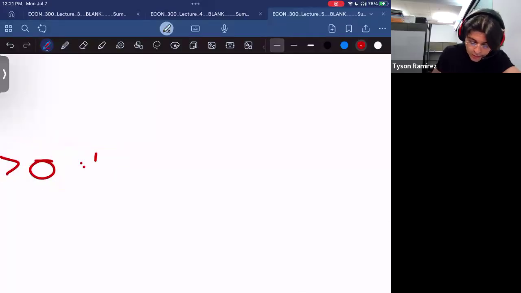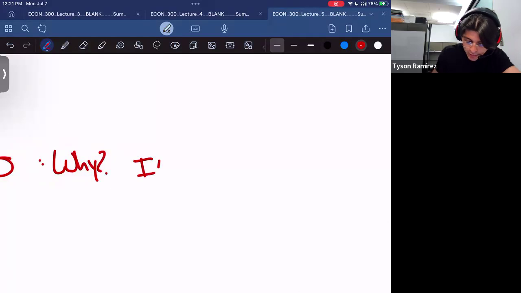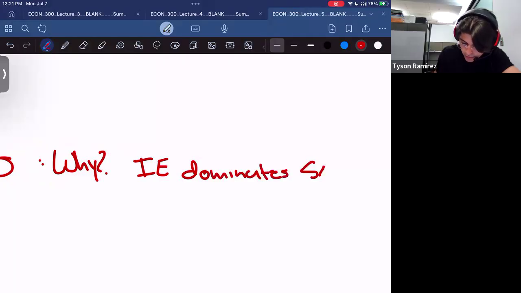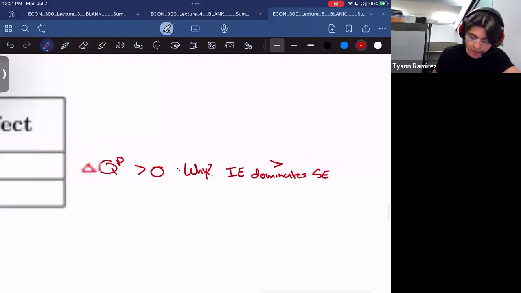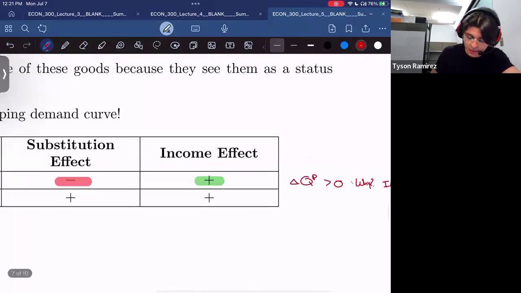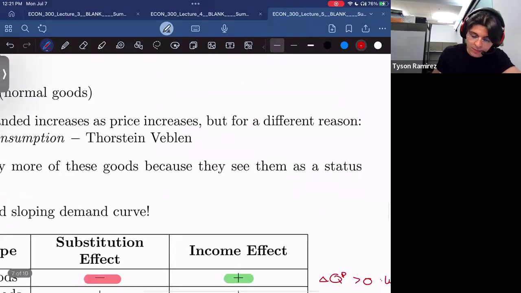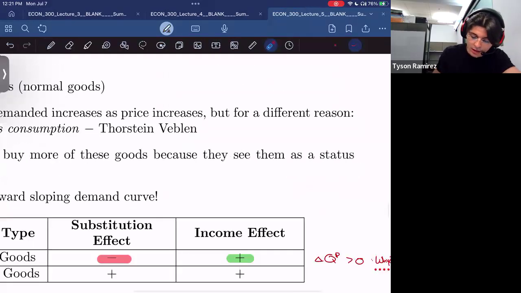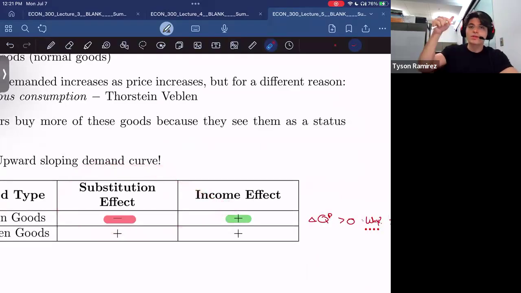Why? Because here, the income effect dominates the substitution effect. And by that, I mean it's greater in magnitude. Although we had the substitution effect that was decreasing, messing with prices is going to mess with the price ratio.